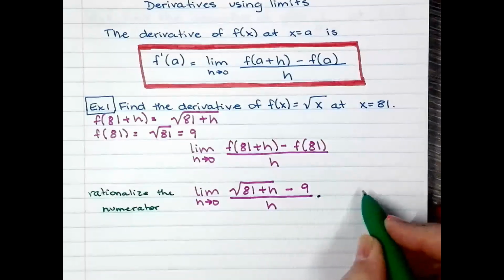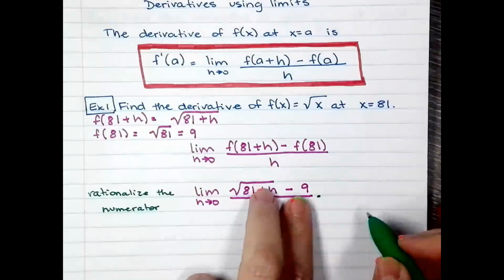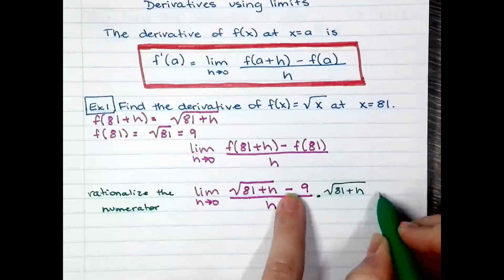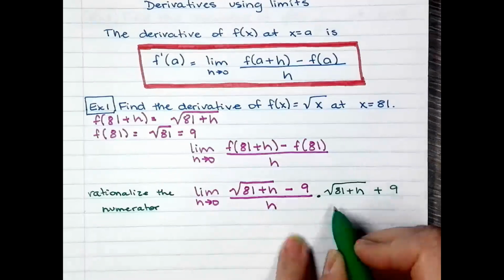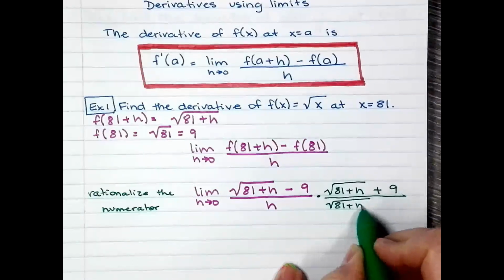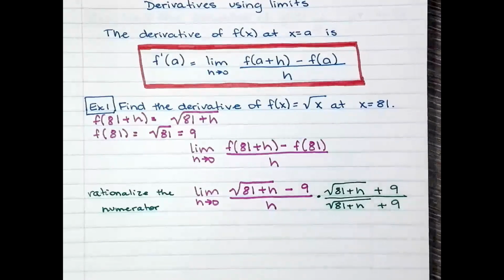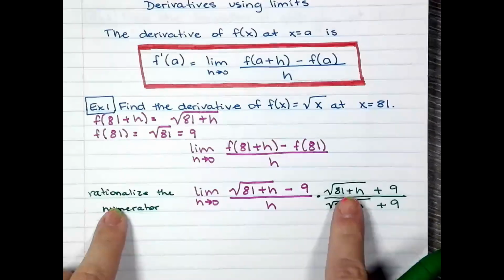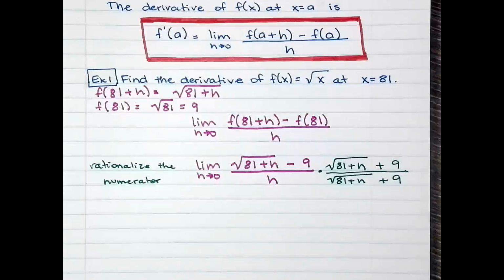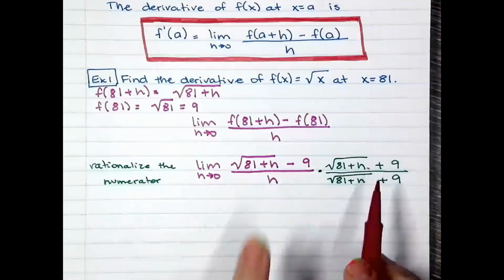That's when you multiply numerator and denominator by square root of 81 plus h plus 9. Okay, this is how we rationalize the numerator. Okay, so let's go ahead and multiply that.